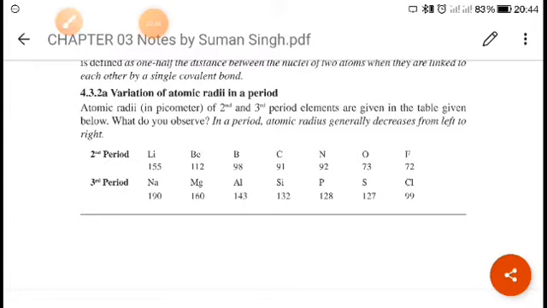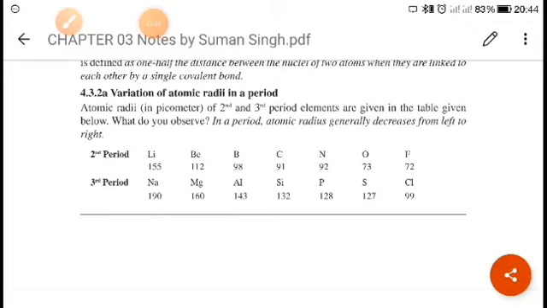If you have any confusion about nuclear charge, I hope all of you know what it is, but I will explain because some of you may have forgotten. Nuclear charge is the charge by which the outer electrons are attracted towards the nucleus.